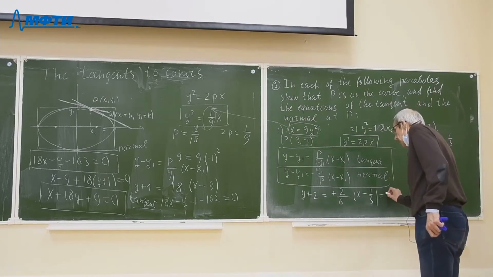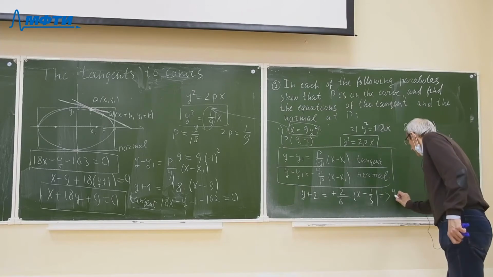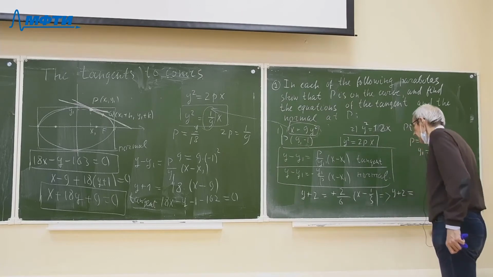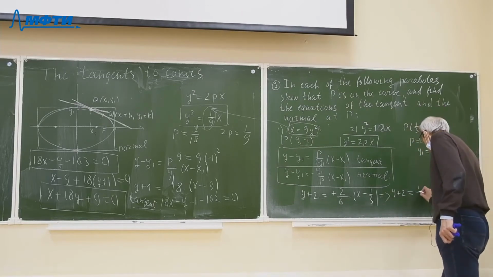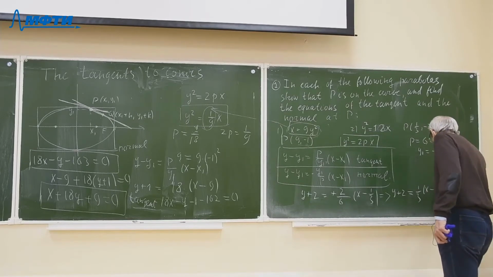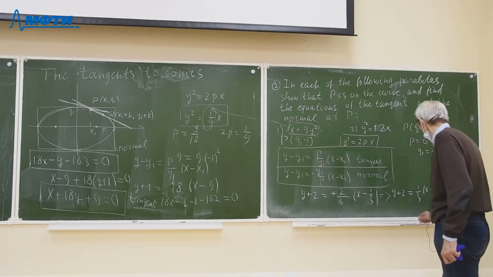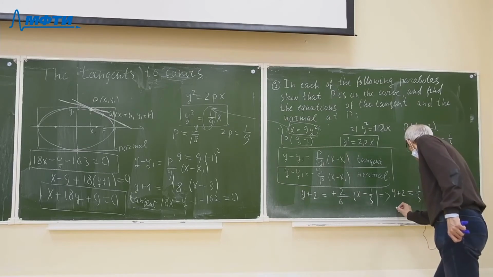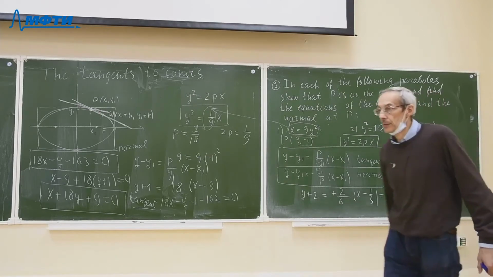And we obtain that y plus 2 is equal 1 divided 3 times x minus 1 divided 3. Yes, the question?